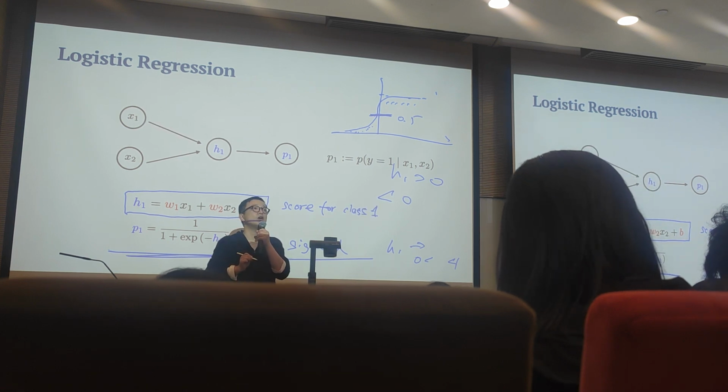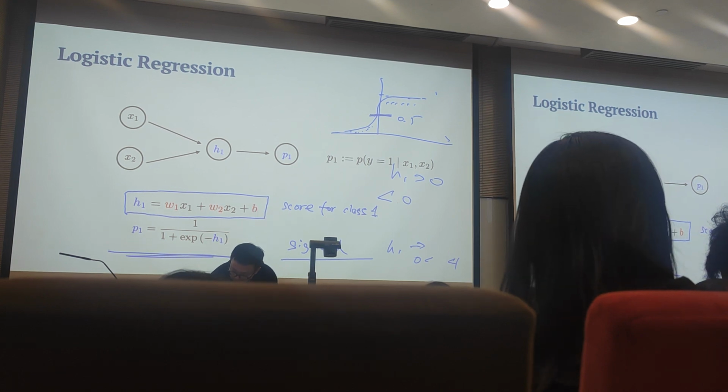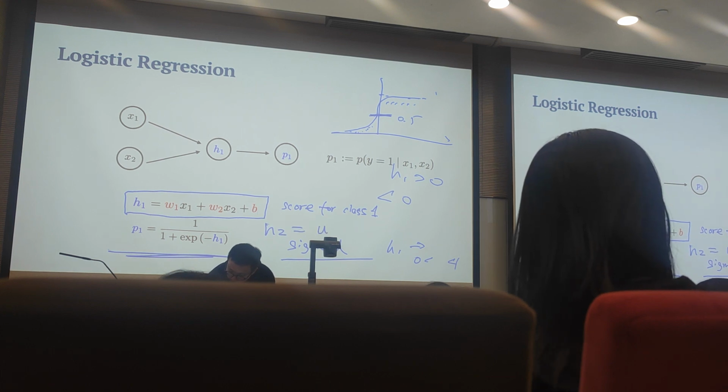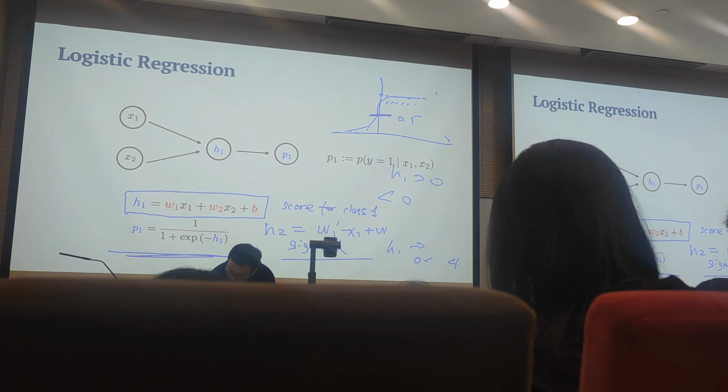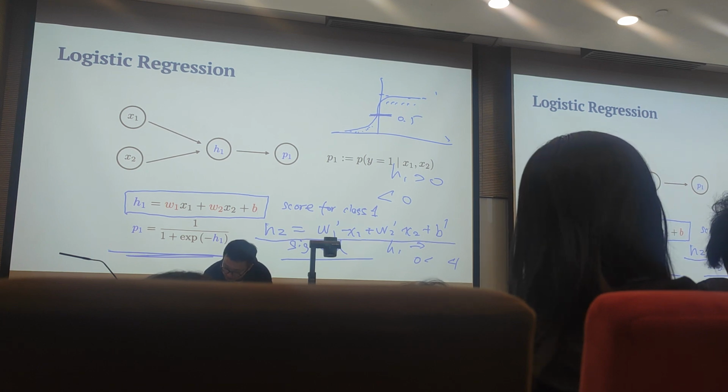This is the only score that you compute. If you're using softmax, then you will need to compute this H2. Let's say H2 equals W1 prime x1 plus W2 prime x2 plus B prime. So this H2 is the score for class 2.